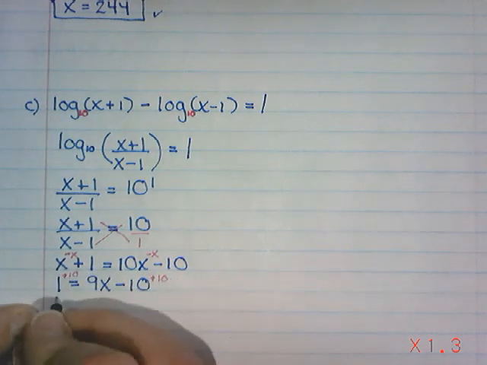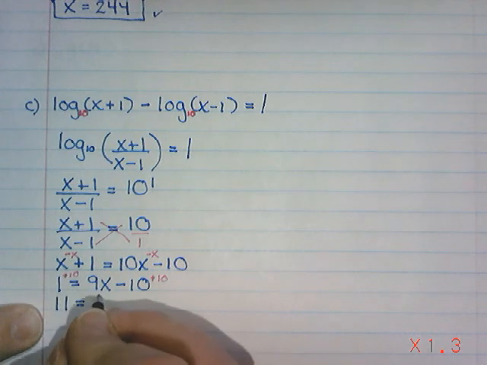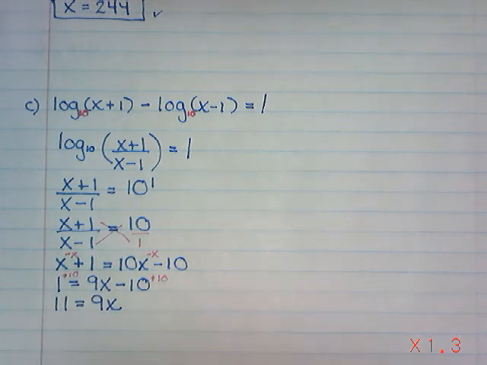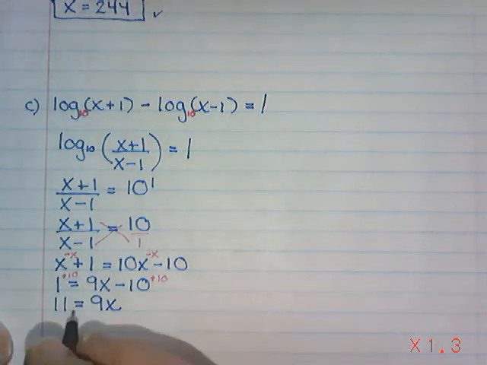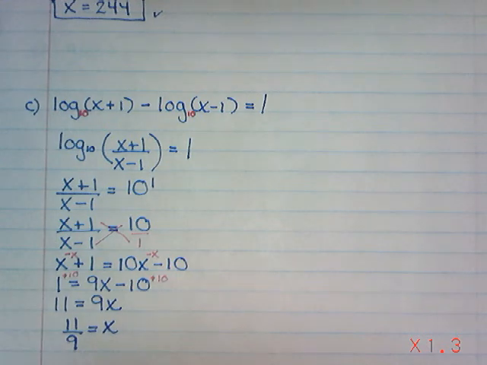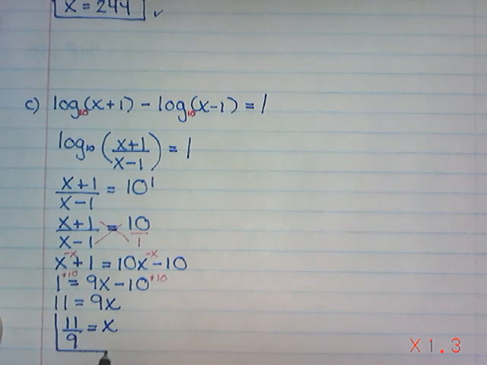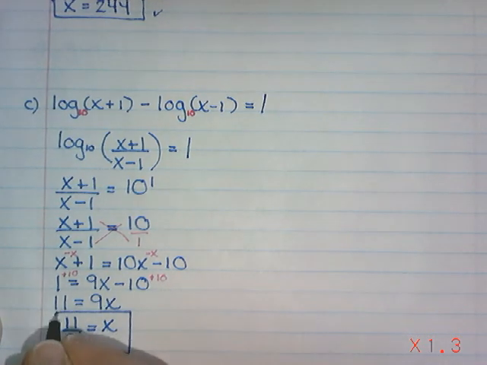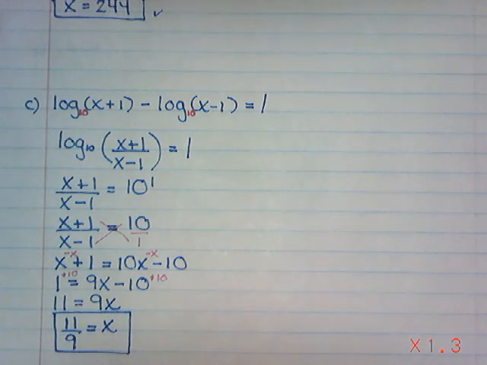That would give me 11. So 11 equals 9x. And then I would divide 11 by 9 to get 11 over 9 equals x. Now, it doesn't say in the question that it's okay to use a decimal, or does it? Nope. So I'm just going to leave it as 11 over 9.